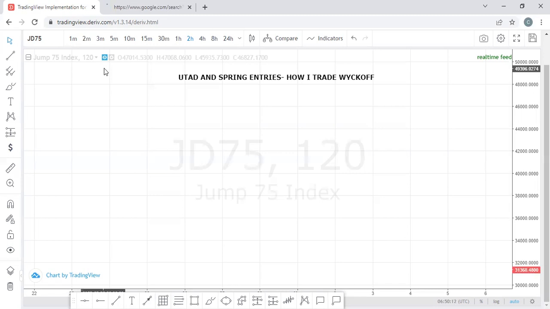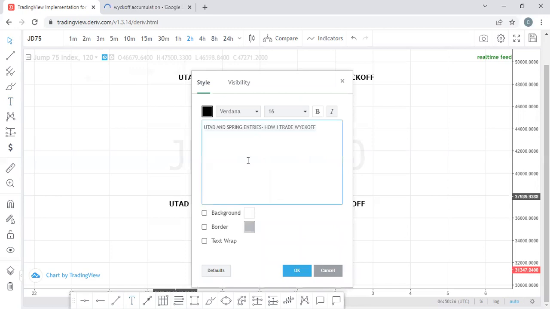Right. So firstly, I want to say that the aim of Wyckoff schematic is simply to, number one, maximize your profits. Number two, reduce your risk. And number three, the third importance of Wyckoff schematics. Let me just type it out. Number one is to maximize the profits, right?